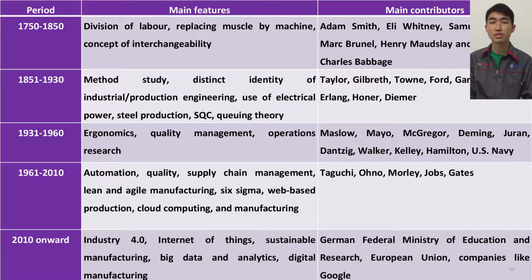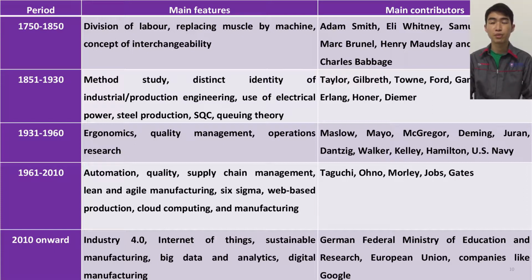And then the second last period is 1961 to 2010. The main features for this period are automation, quality, supply chain management, lean and agile manufacturing, Six Sigma, web-based production, cloud computing, and manufacturing.